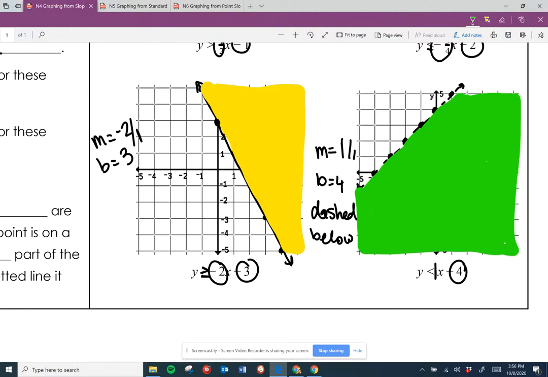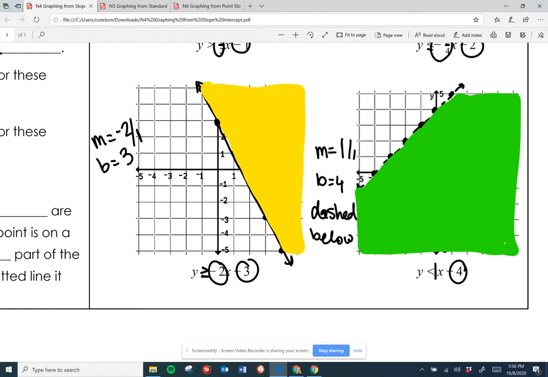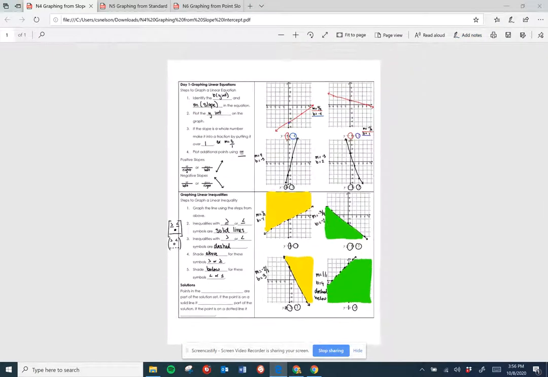And that is how you graph equations and inequalities that are in slope-intercept form.